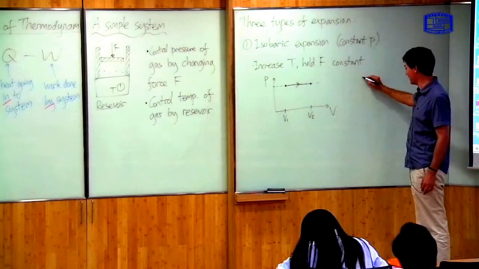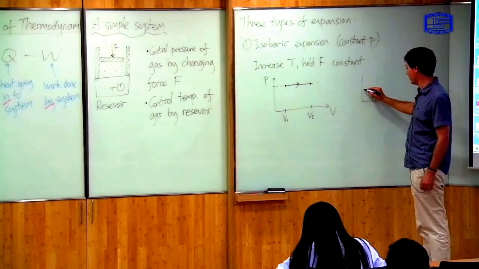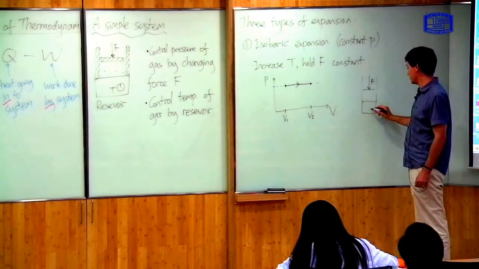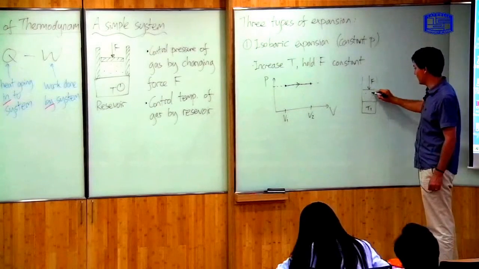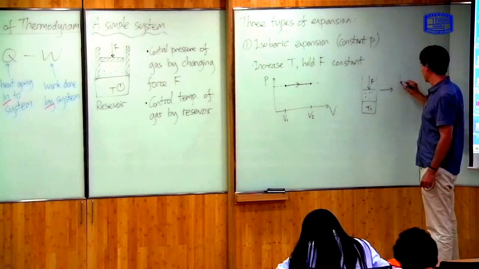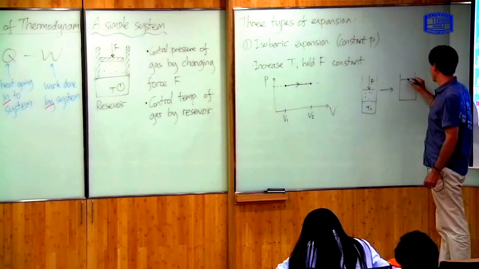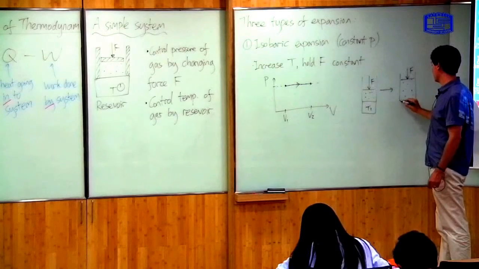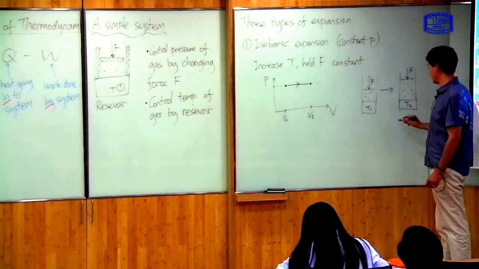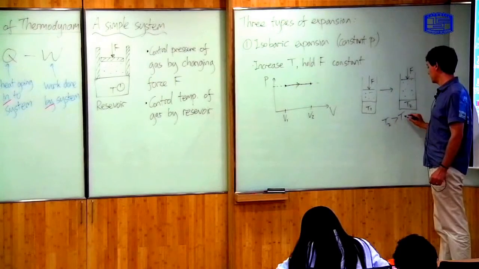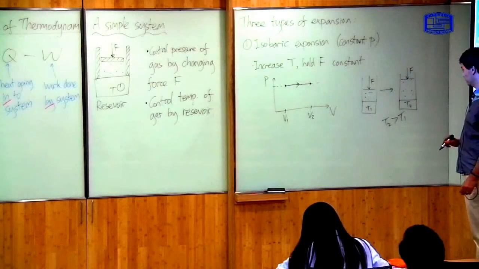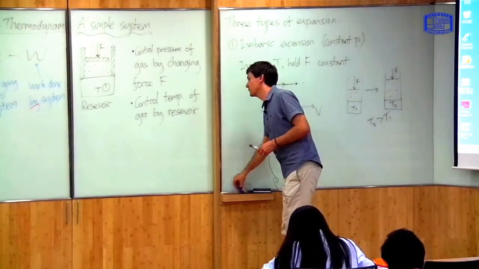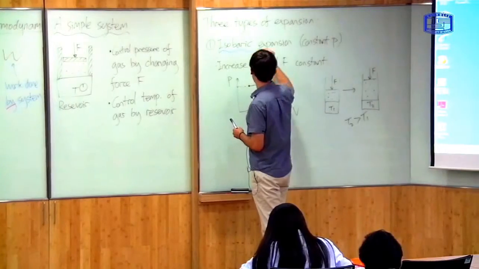If I draw that in pictures, that corresponds to going from a case here, where we have the gas like this at temperature T1. We put heat into the gas, and by doing so, keeping the force the same, we end up with an expanded gas at a higher temperature T2. So this kind of expansion is known as an isobaric expansion.